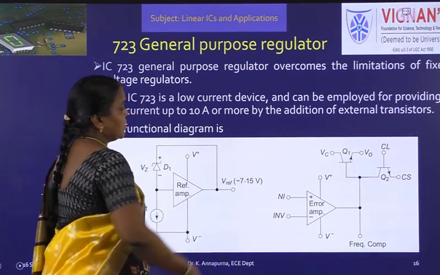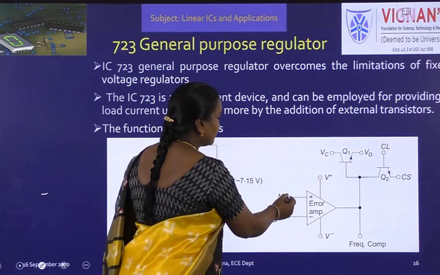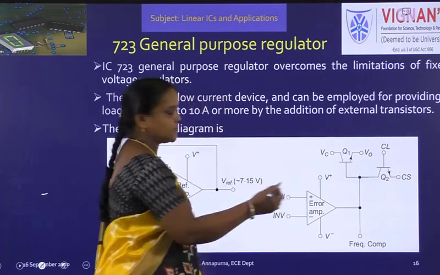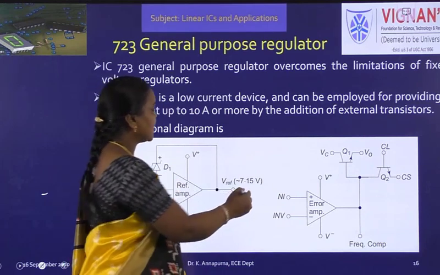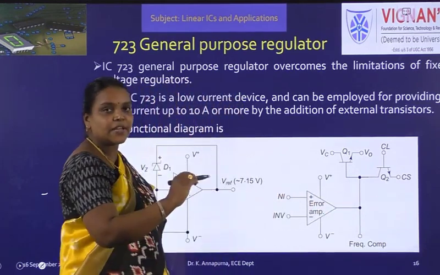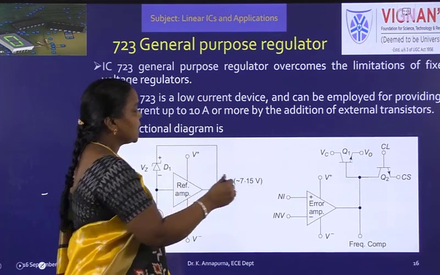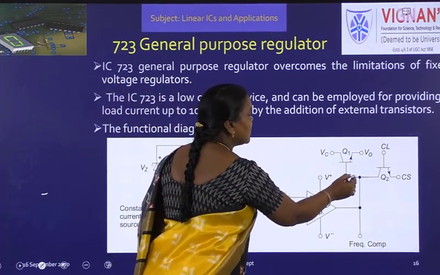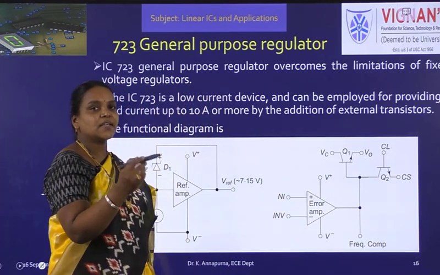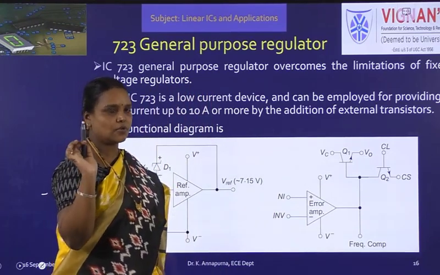Now inverting and non-inverting, one with reference and the other with V0 or part of V0, will be supplied, and the error amplifier will give the difference between inverting and non-inverting. This error signal will activate this transistor, and based on the activation of the transistor the output voltage will be controlled.